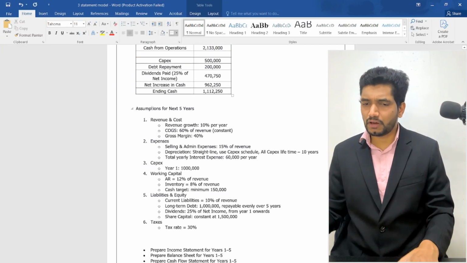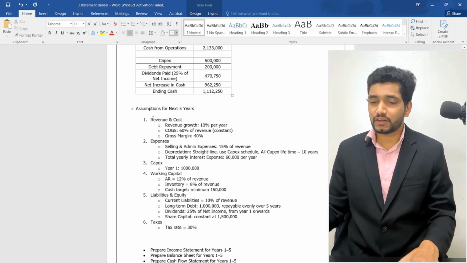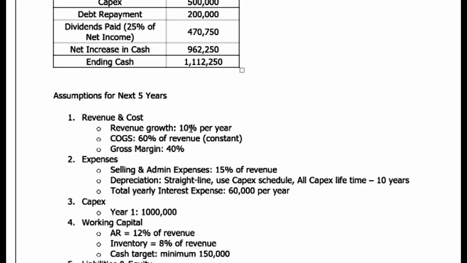So there are some assumptions given. The revenue growth is projected at 10% per year. Cost of goods sold is 60% of revenue, and gross margin is 40% of revenue. And the selling and admin expenses are 15% of revenue. Depreciation is straight line, using the capex schedule and the capex lifetime of 10 years.